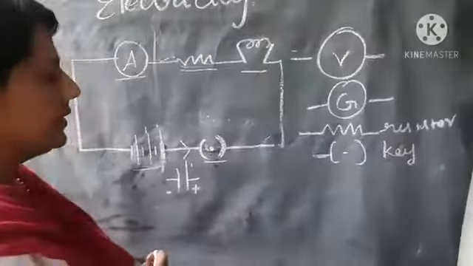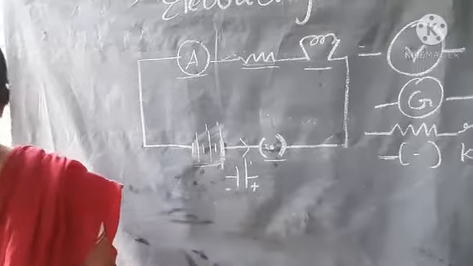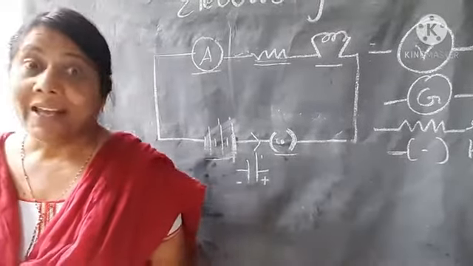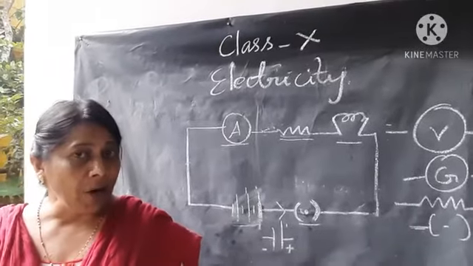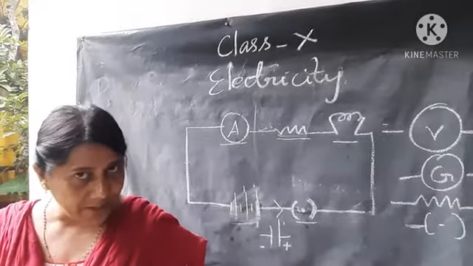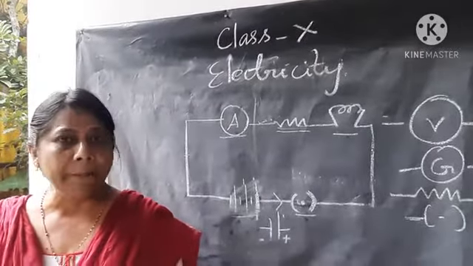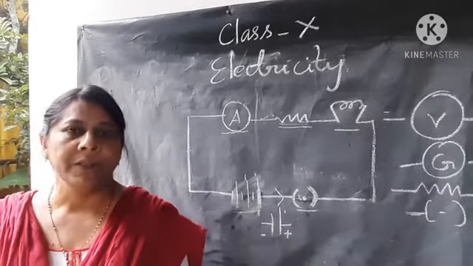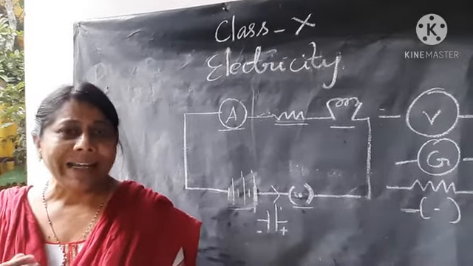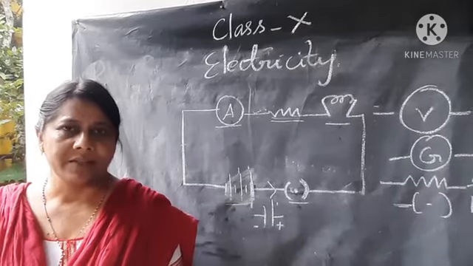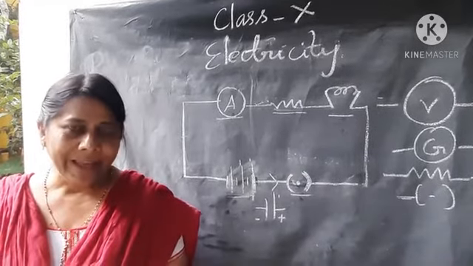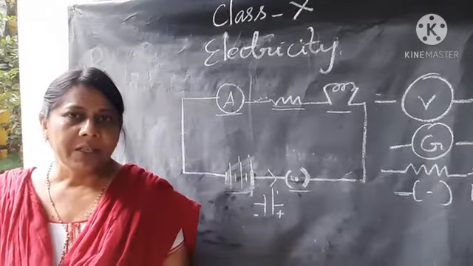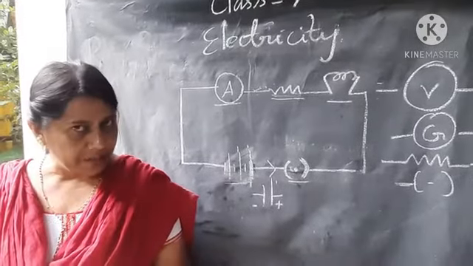Okay, dear ones. Now let us see what is electric current. Electric current is expressed as the amount of flow of charges in particular area per unit time. When electricity was found out in the earlier days, they believed that it is flow of positive charges.